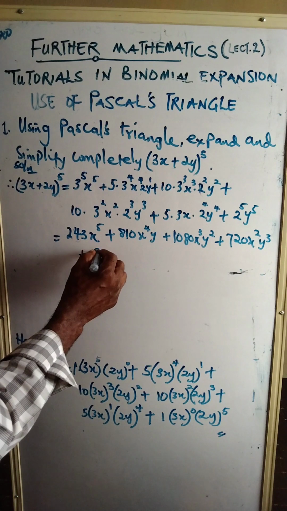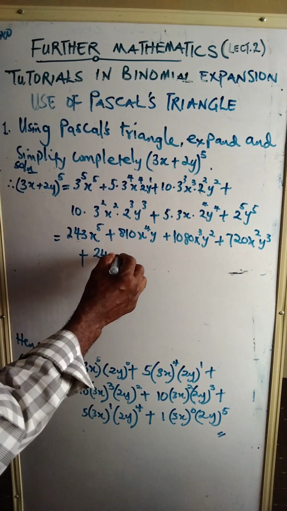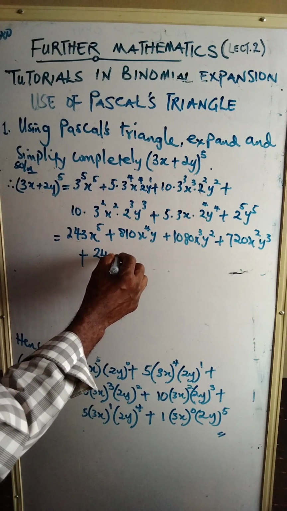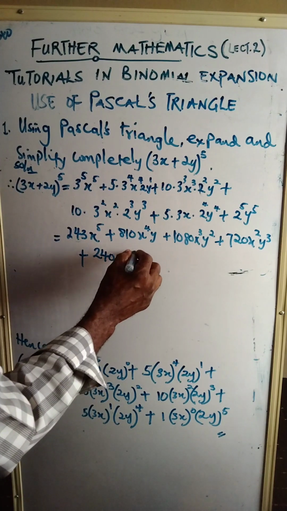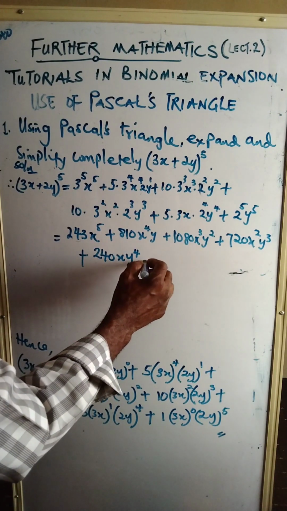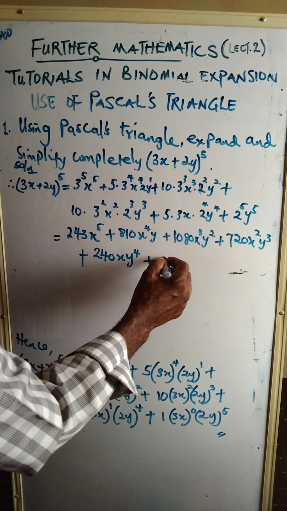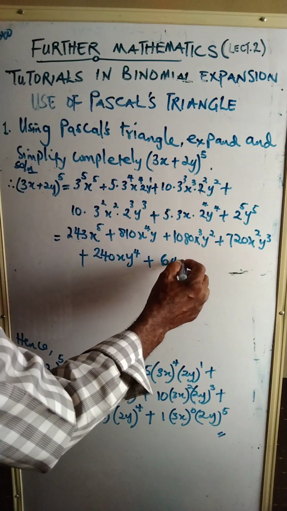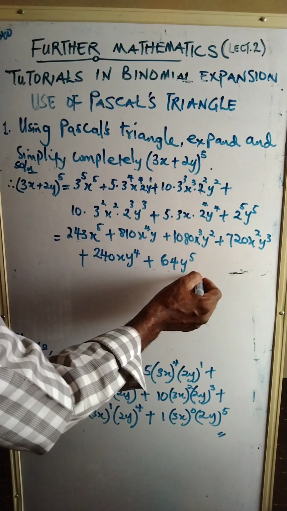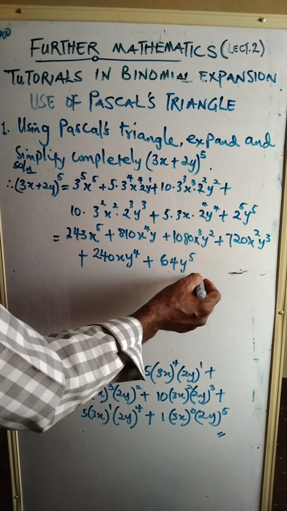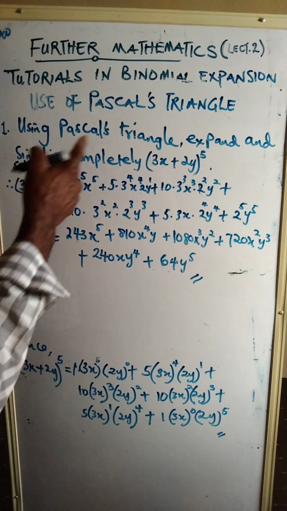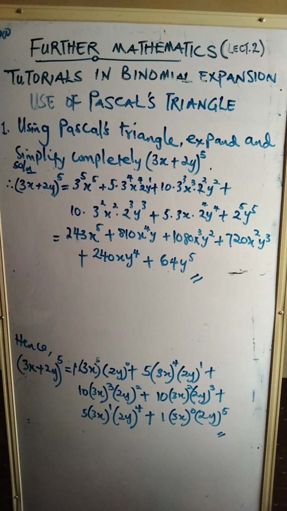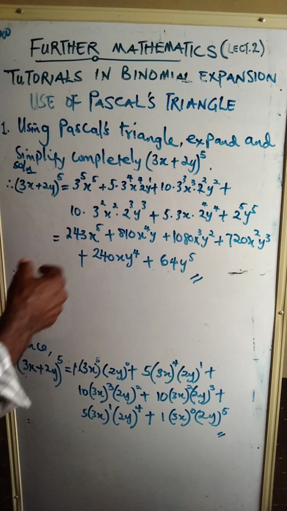That's going to be 240. All right, then we have x, then we have y raised to power 4. The last one is going to be 64 y raised to power 5. So using Pascal's triangle, you arrive at this as your final result for this expansion.